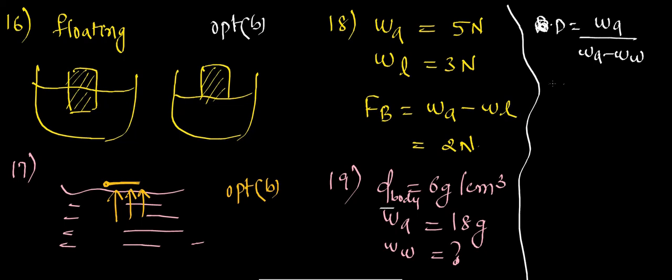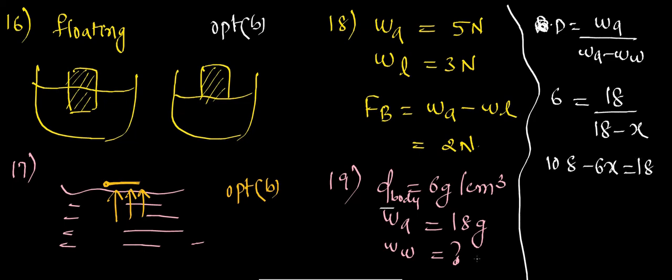So density how much? 6. Weight in air 18. So 18 minus weight in water, let it be x. Now 18 into 6 how much? 6 eights are 48, 108. So 108 minus 6x is equal to 18. Now 6x send that side, it becomes positive.